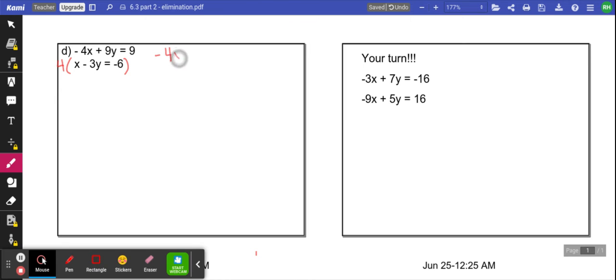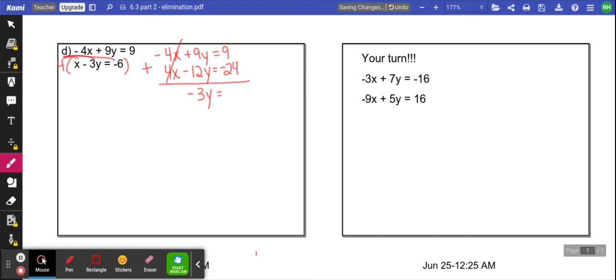So I have negative 4x plus 9y equals 9 on top. Bottom row, 4 goes all the way across, remember. So I've got positive 4x, negative 12y equals negative 24. Big addition sign. This is gone. 9 plus negative 12 is negative 3y.